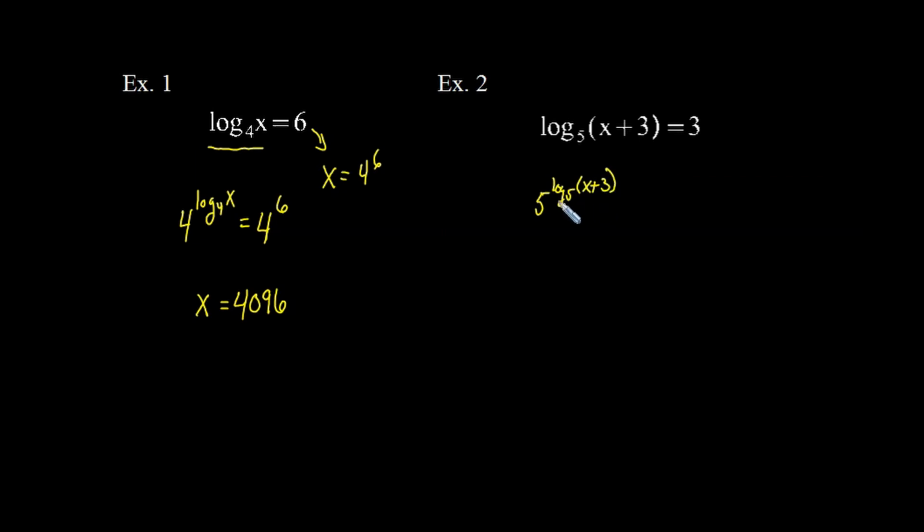And it's not really necessary to write this step out. You can go ahead and skip that step and just know that we're going to get x plus 3 is equal to 5 to the 3rd power, which is 125. And then we will subtract 3 on both sides. We'll get 122. And our problem is solved.